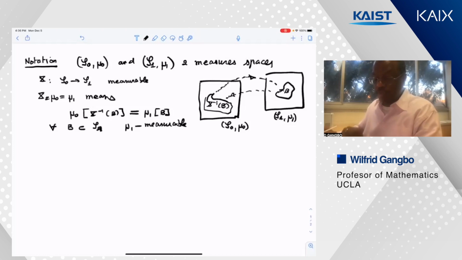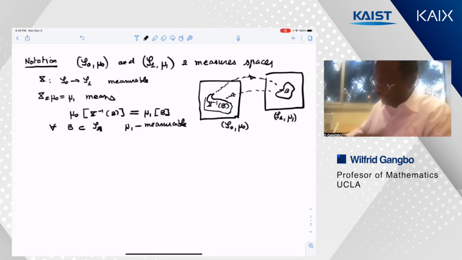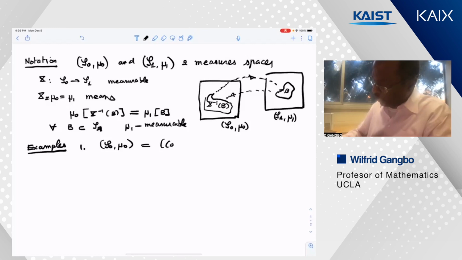So I am going to be using this notation often. Here is a typical example I am going to refer to often. The first example is when (S naught, mu naught) is the d-dimensional cube and the Lebesgue measure restricted to the d-dimensional cube.